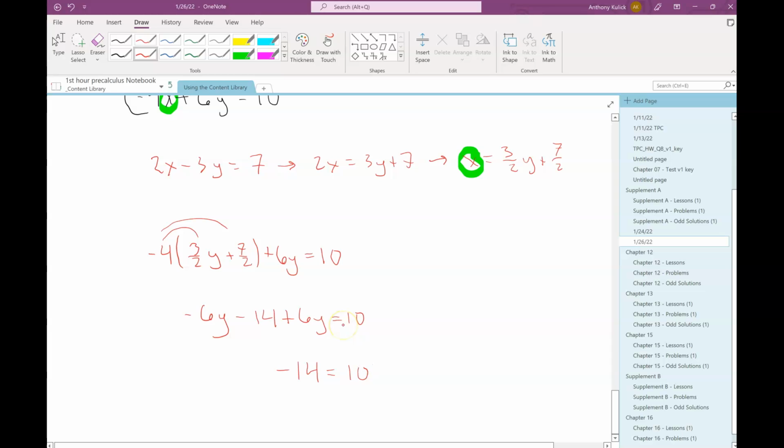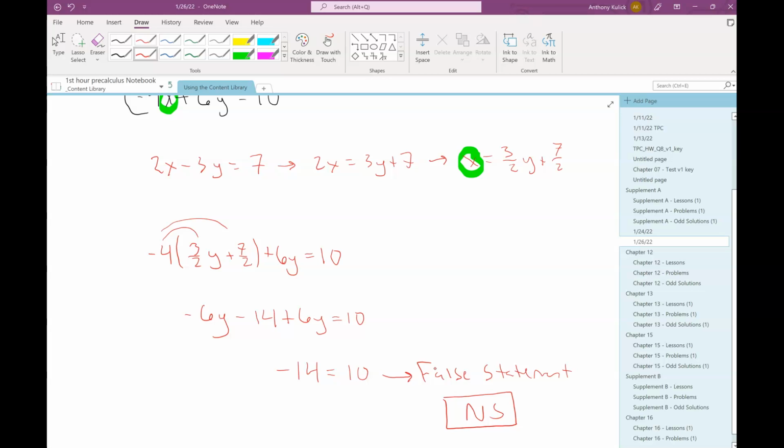So I'm just left with negative 14 equals 10. Is that right? Is negative 14 equal to 10? No, that's a false statement, right? So what that tells me, if I get a false statement like this, is that there is no solution. If I have no variables left, and I'm left with something like that, it just means there's no solution.